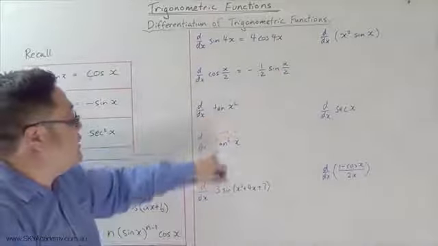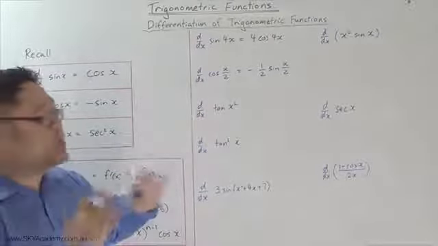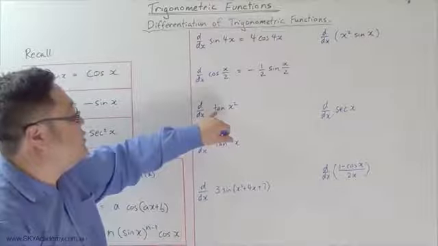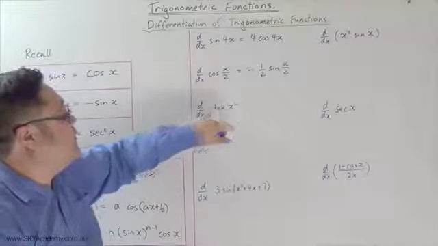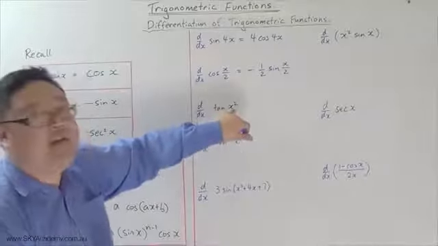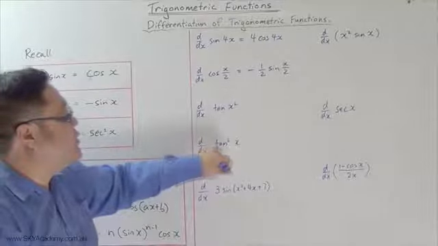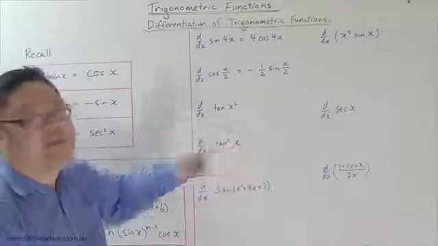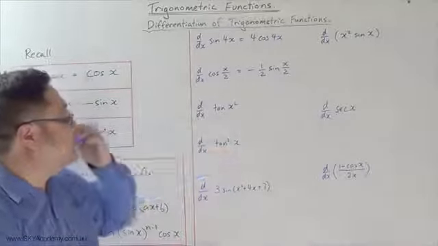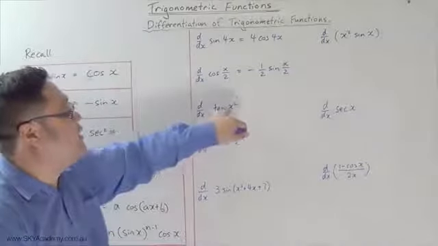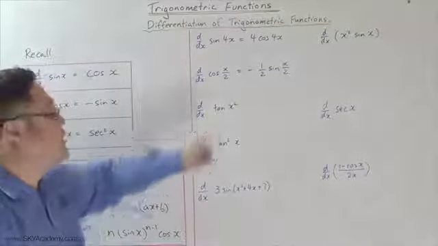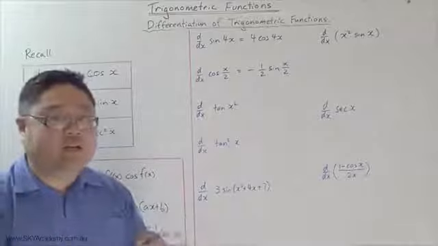Let's look at this one, because I want to highlight the difference between the derivative of tan x squared, where x squared is your angle, as opposed to squaring the tan of x. This is the square of the tan of x. This is tan of the square of x. They're different and will yield different results.